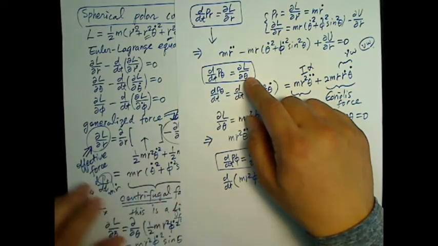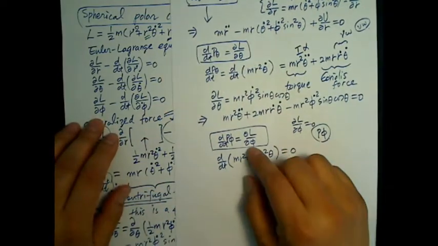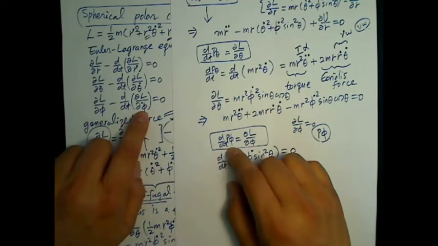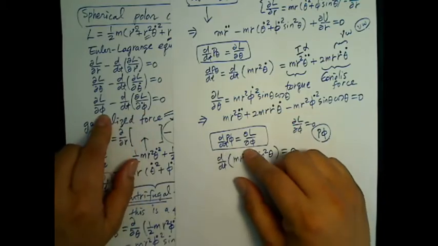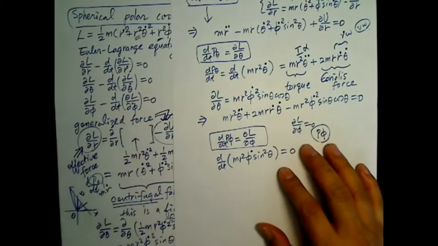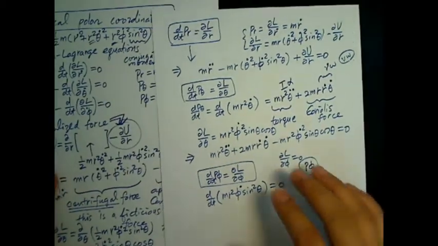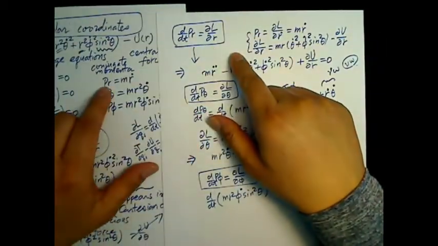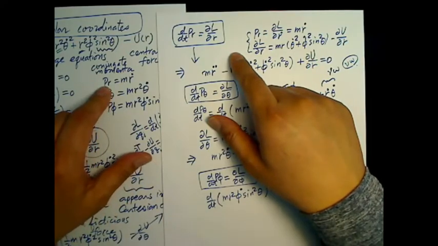And third one, this is p phi, the generalized momentum corresponding to the angle phi. So its time derivative is the Lagrangian's phi partial derivative. Okay. First, the radial equation. We obtained p r equals m r dot.